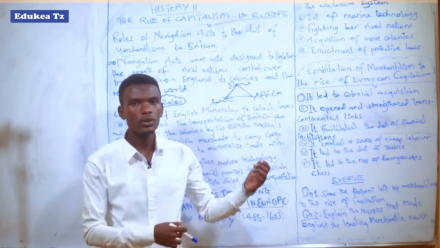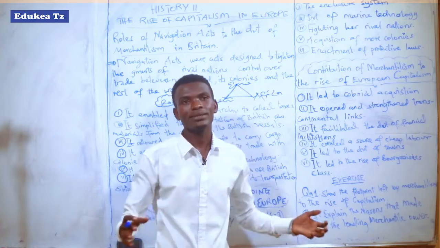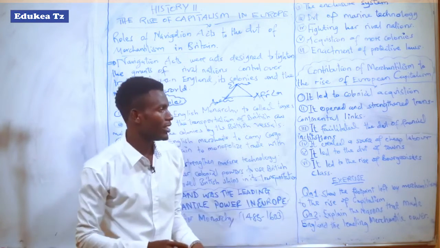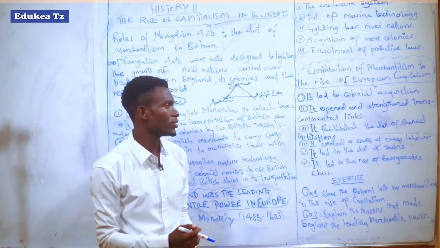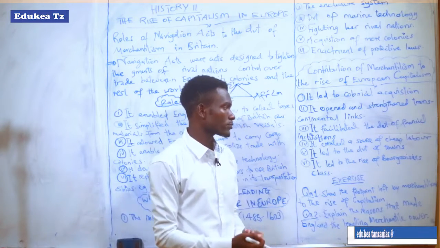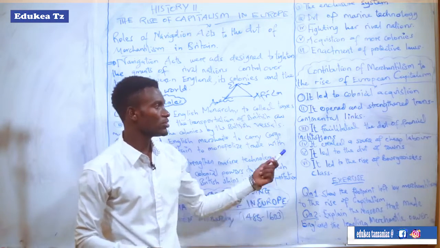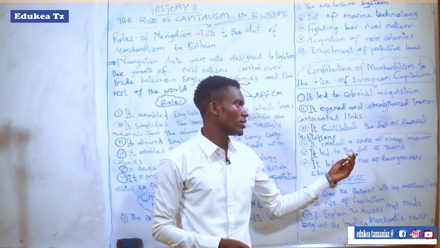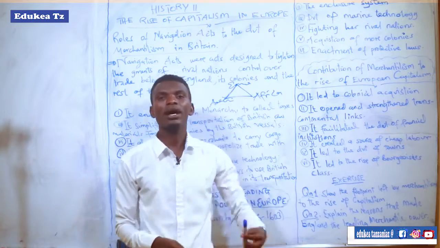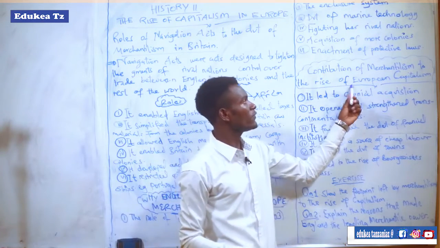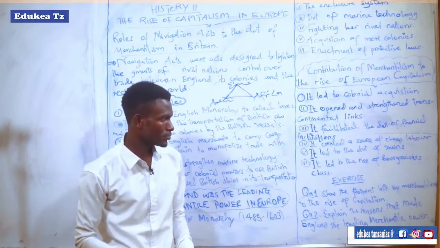As time went on, various merchants established settlements in those areas, and those towns grew into big towns, and industries and shops were established, which marked the rise of European capitalism.